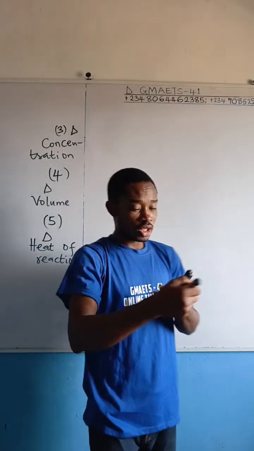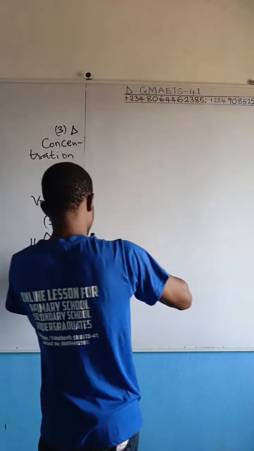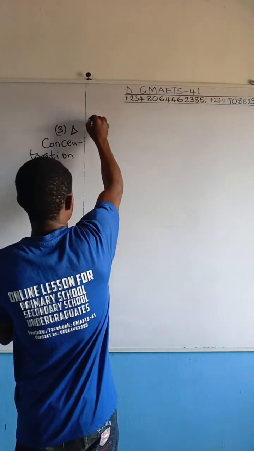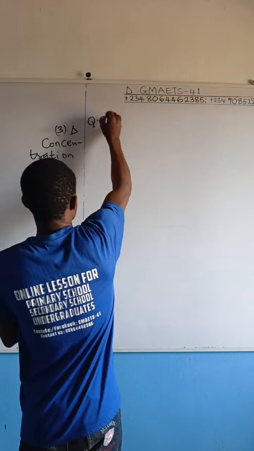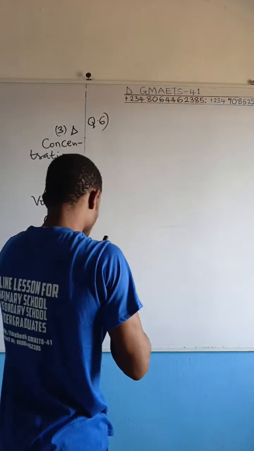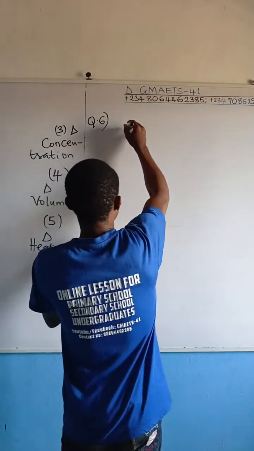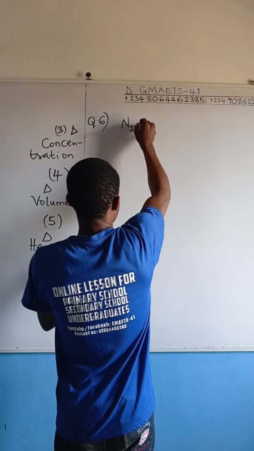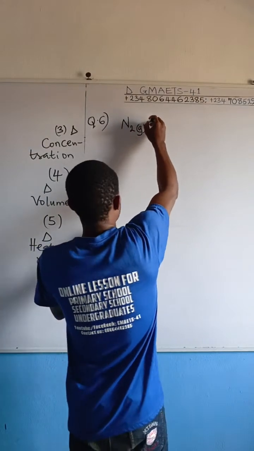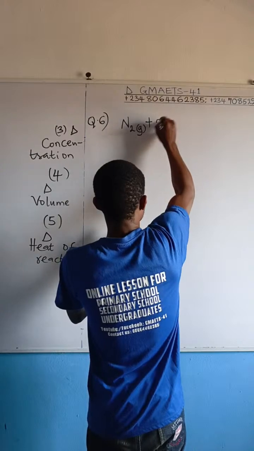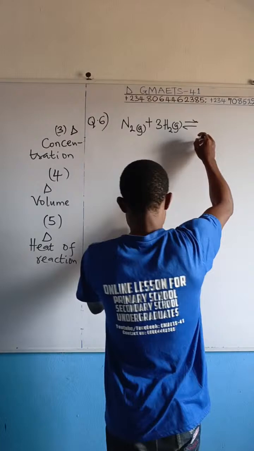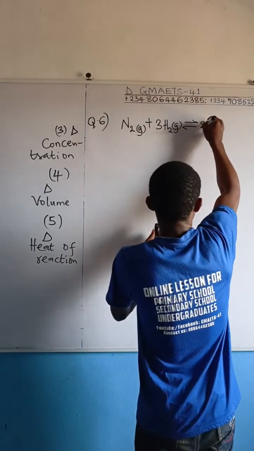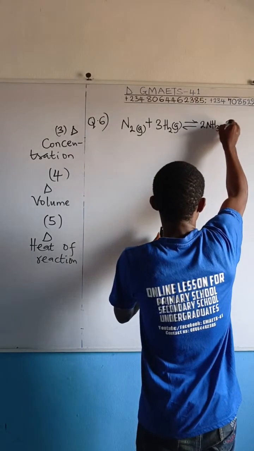All right, question number 6. I'm going to write certain things on the board before dictating the question. Now we have this reaction: N2 gas plus 3H2 gas, under equilibrium, gives 2NH3 gas.